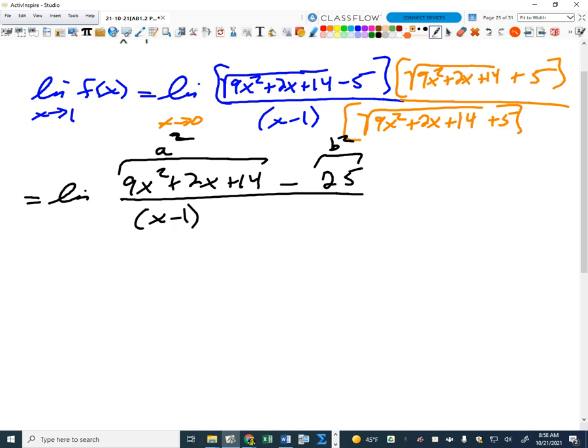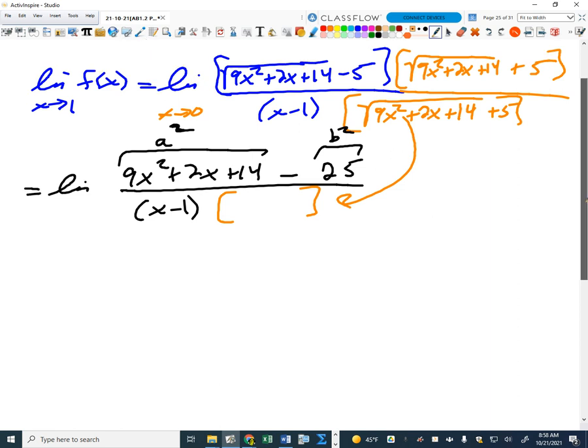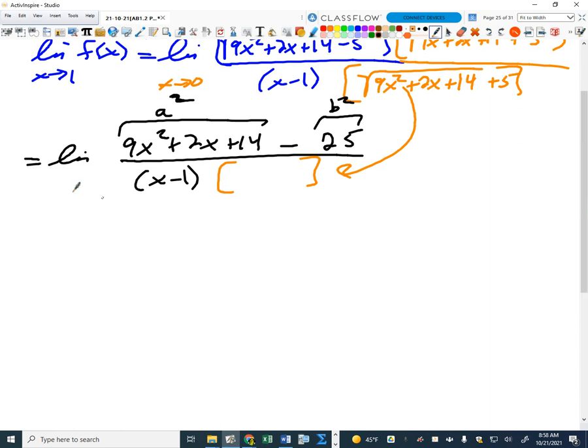I'm just going to do this for a second. I'm just going to times that big orange factor, right? So if we combine like terms, I'm getting 9x squared plus 2x minus 11.